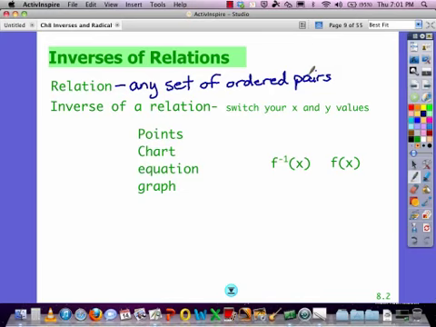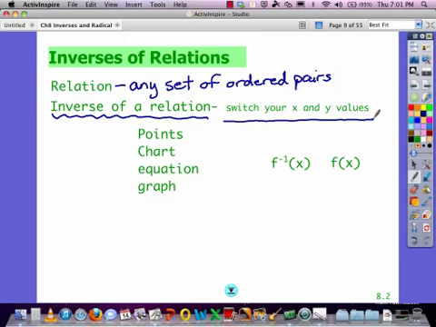So a relation is any set of ordered pairs, and remember we last talked about relations when we were talking about functions. So there was a relationship between the x and y values. Now, if we say a relation is any set of ordered pairs, then when we talk about the inverse of a relation, you definitely want to switch your x and y values.